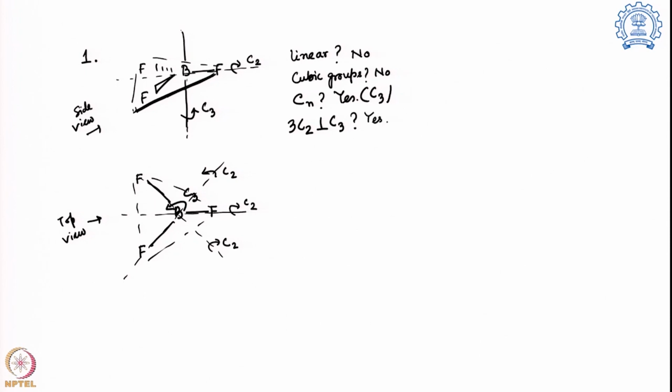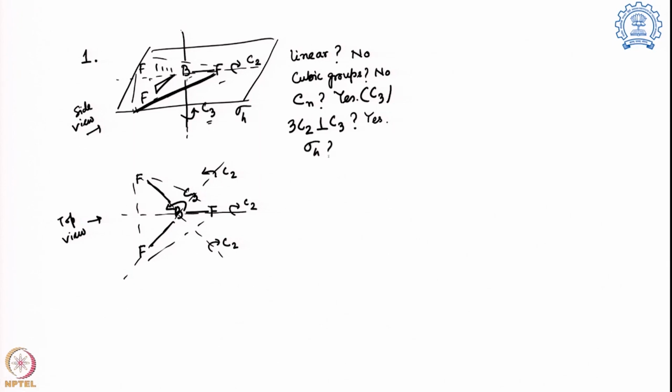The next question we ask is whether it has a sigma h or not. Sigma h means the principal axis is this C3, and a plane perpendicular to it, and you can see all the atoms belong to that plane. So, that means the mirror image on this particular plane reflection will be exactly sitting on top of the original molecule. So, that means it is a sigma h.